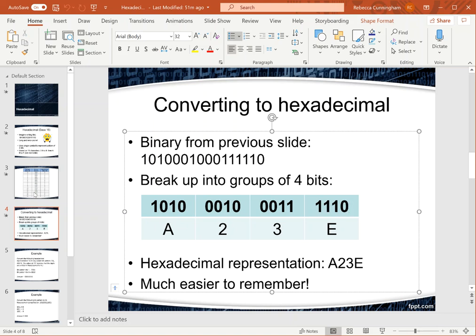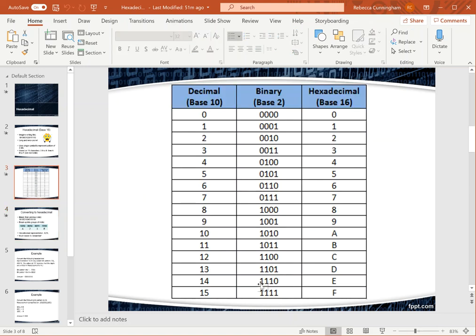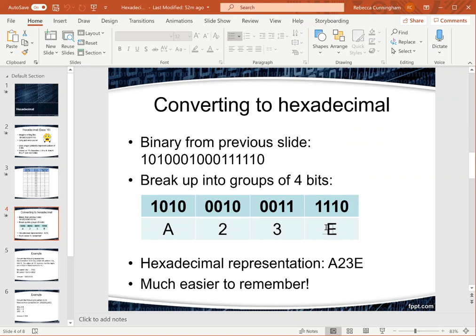If I look that up in my chart, 1110 is equivalent to E in hexadecimal. Those last 4 bits are equivalent to E. And I just keep working my way left and grab 4 bits. So 0011 is equivalent to 3, 0010 is equivalent to 2, and 1010 is A.